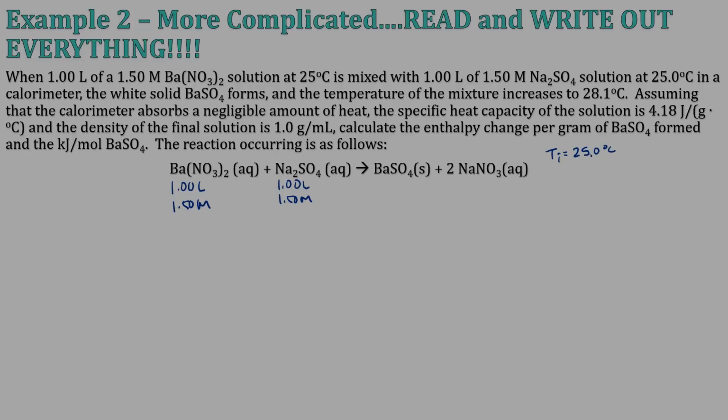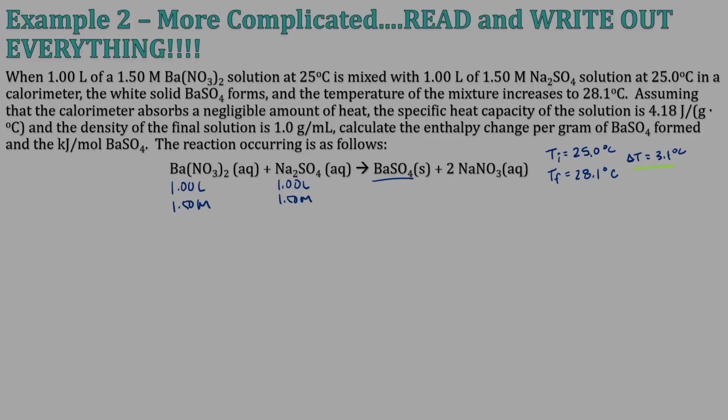We get a white solid precipitate, and the temperature of the mixture increases, so the final temperature is going to be 28.1 degrees Celsius. So I can already tell that my change in temperature is going to be 3.1 degrees Celsius. I'm going to go ahead and mark that so I can find it easier.